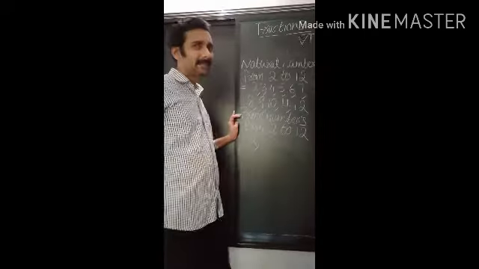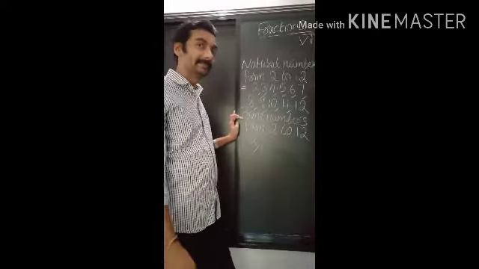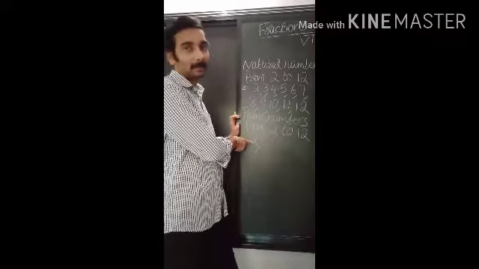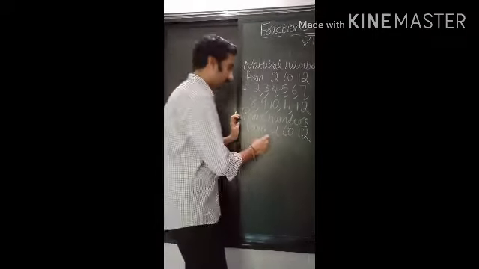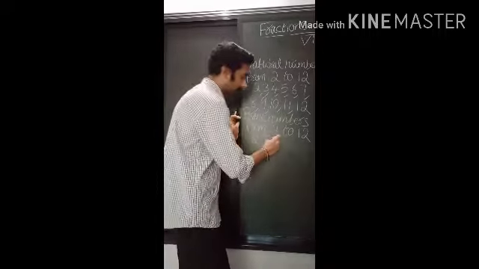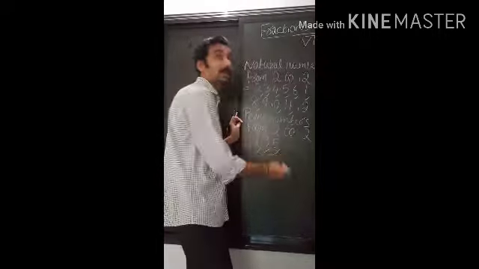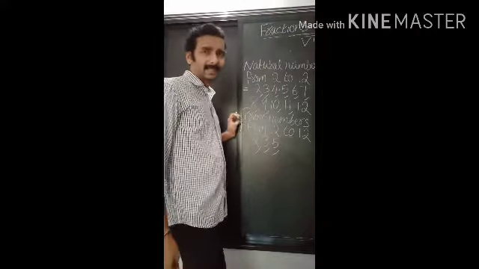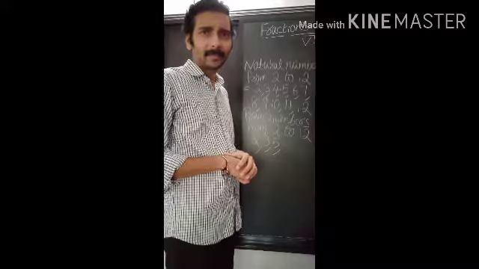What are prime numbers? In the previous class we discussed prime numbers. 2 is a prime number. 3 is a prime number. 5 is a prime number. Is 6 a prime number?